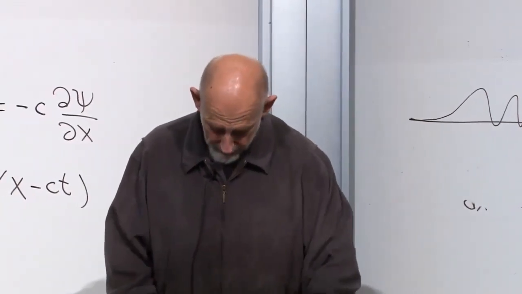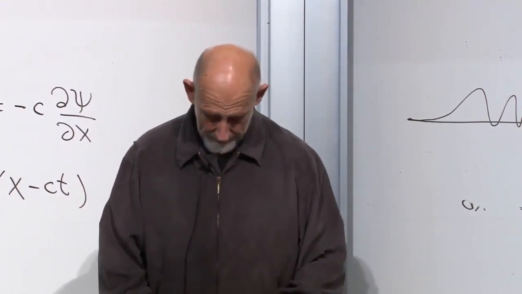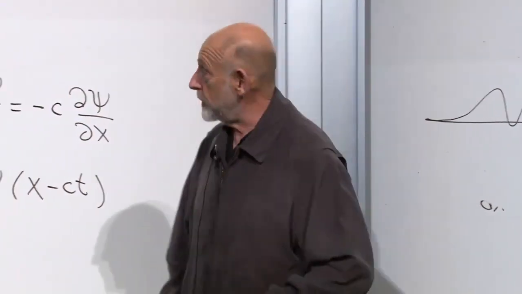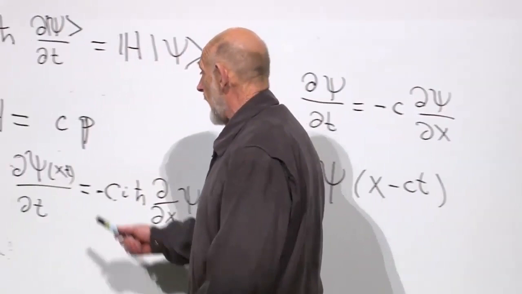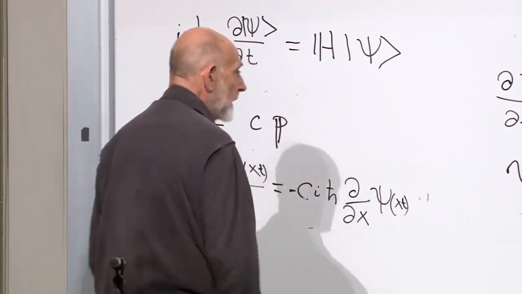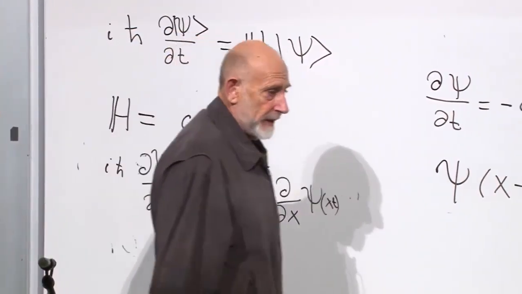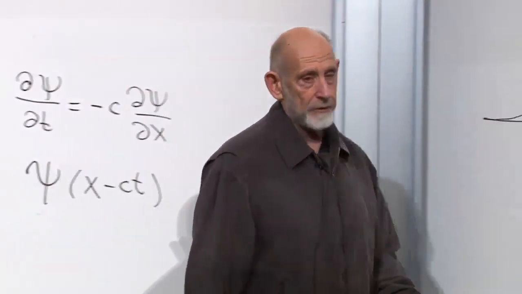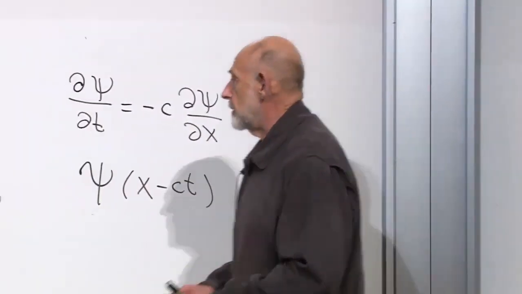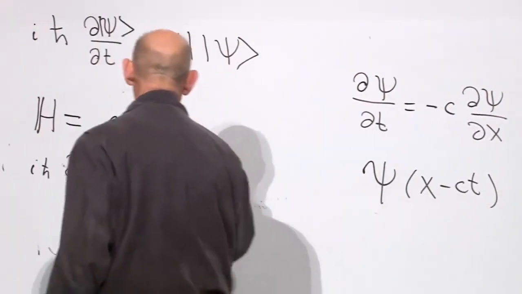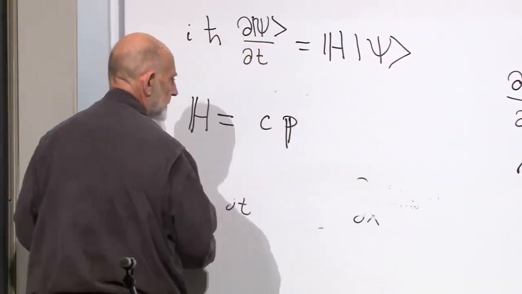I would just point out that if we compare this with the classical mechanics of exactly the same system, the Hamiltonian is equal to Cp. How do we do the classical physics? We use Hamilton's equations.